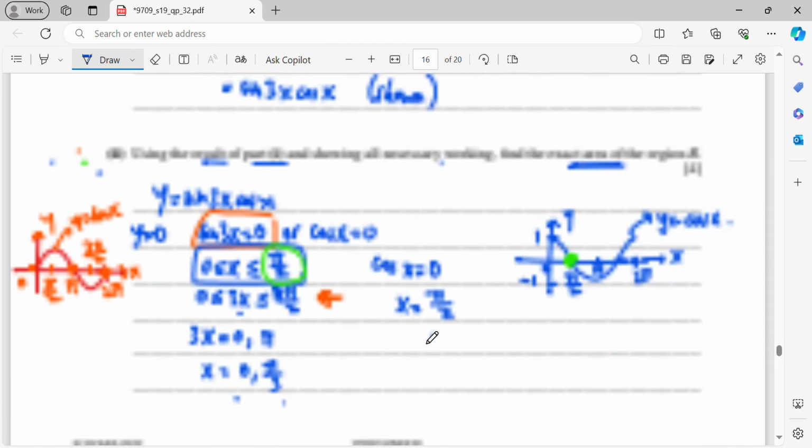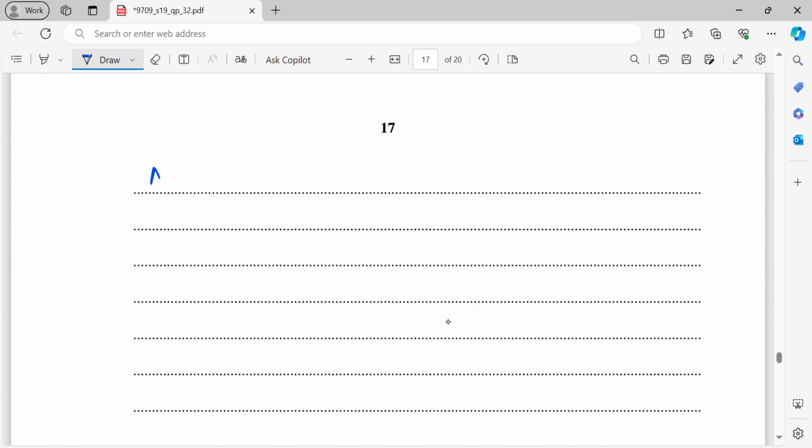Then from here, I will just write area equals integrate from 0 to pi over 3 of y dx, that is sine 3x cos x dx.